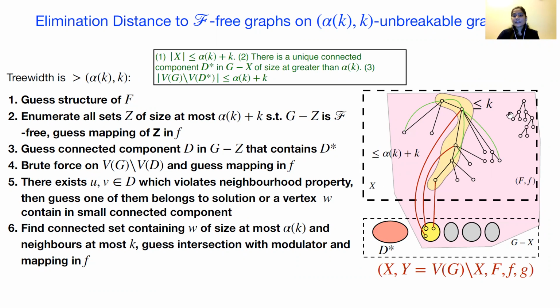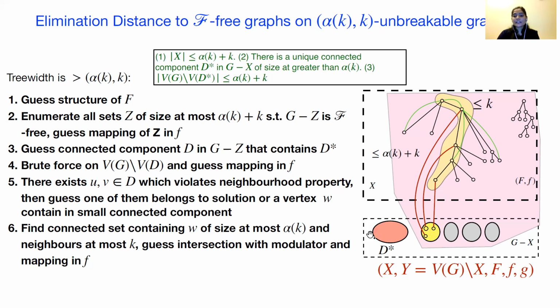Since the modulator is bounded, we can guess the structure of our forest, enumerate all the modulators to FP graphs, guess their mapping in the forest, and then guess the connected component which is going to contain the large connected component D star. Since the vertices other than this are bounded by alpha k plus k, we could brute force and find the vertices which are going into the solution from the other components.